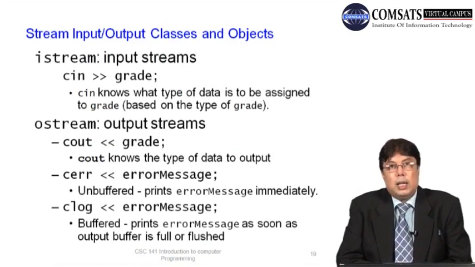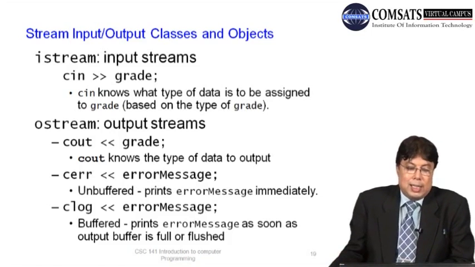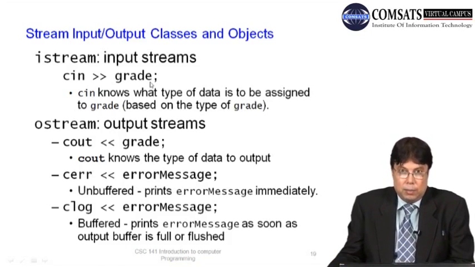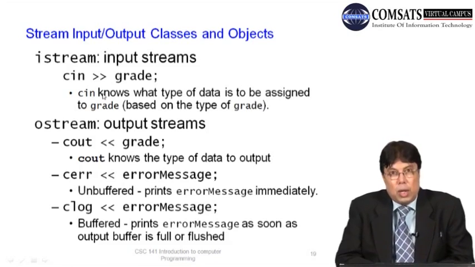The istream, which is an input stream, is basically an object, or as a class we can call it cin. So we can say cin grade. We need to perform the extraction operation here. cin knows what type of data is to be assigned to grade.